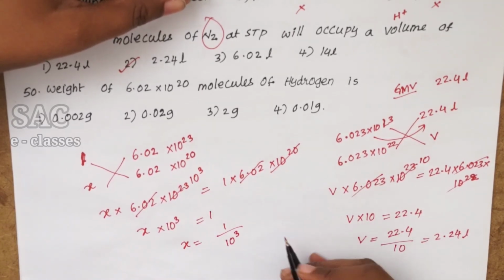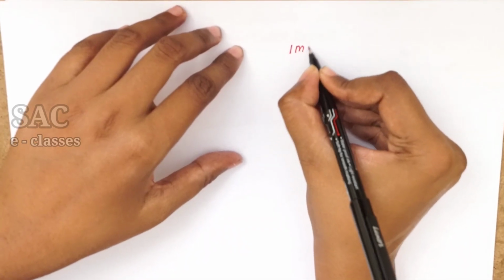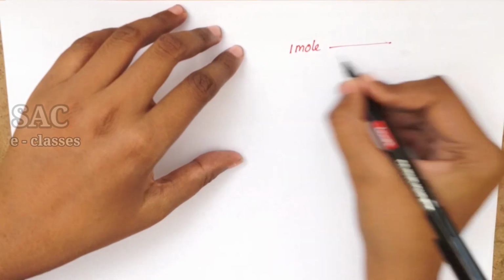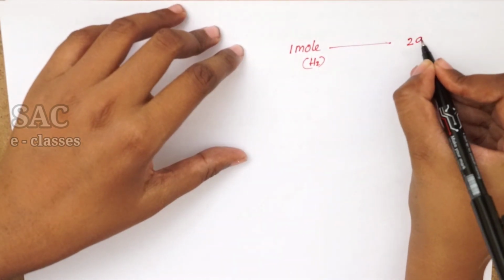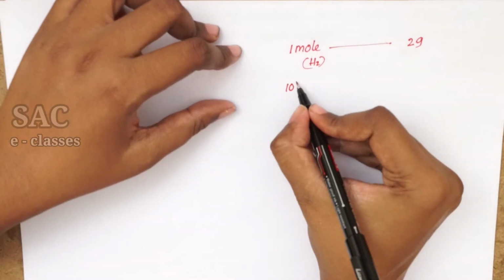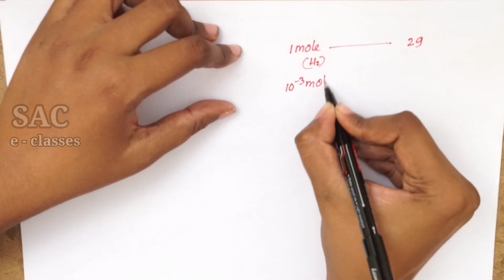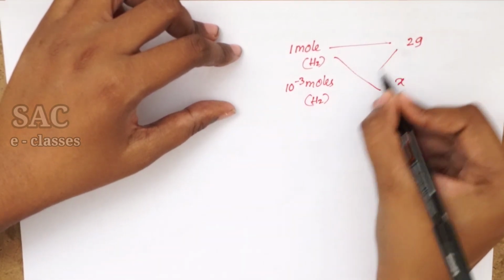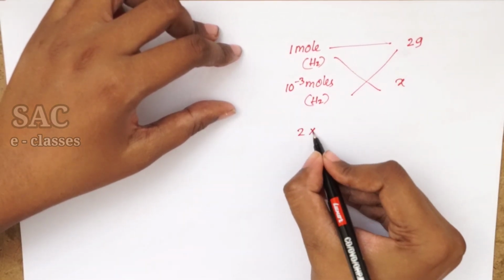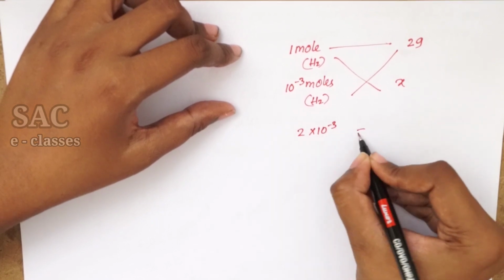That is 1 by 10 cube moles, that is 10 to the power of minus 3 moles. We know that 1 mole of hydrogen, H2, is 2 grams, so 10 to the power of minus 3 moles of hydrogen is what we don't know. 2 into 10 to the power of minus 3 equals x.